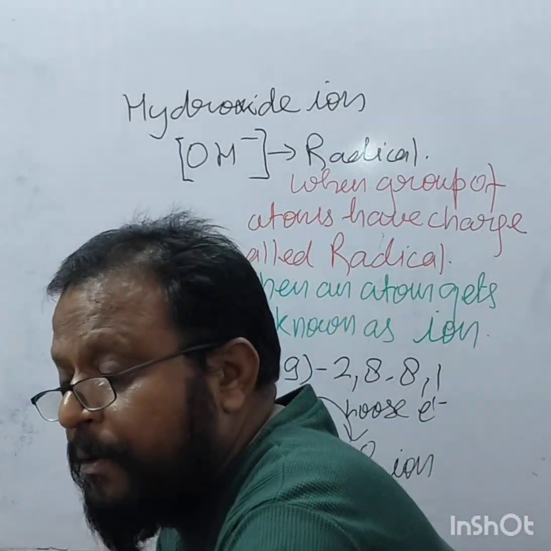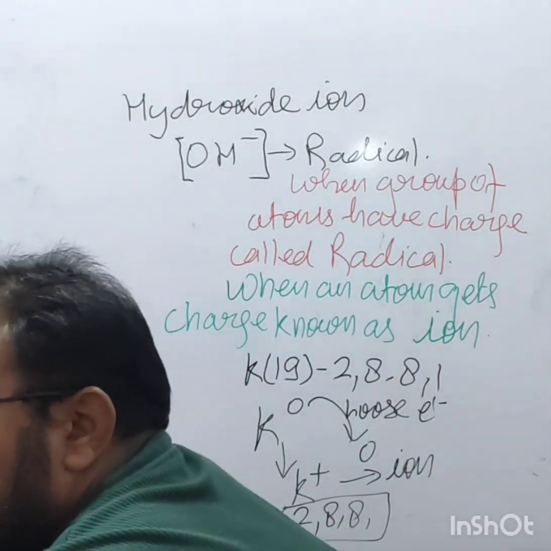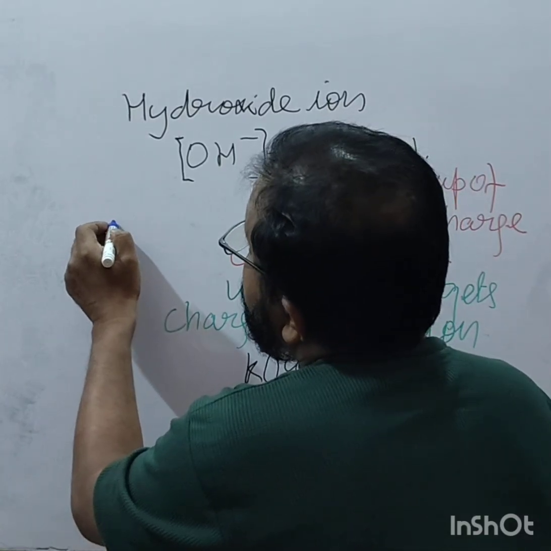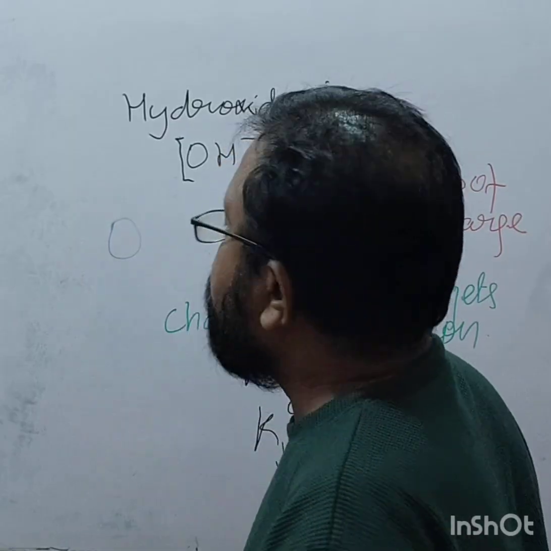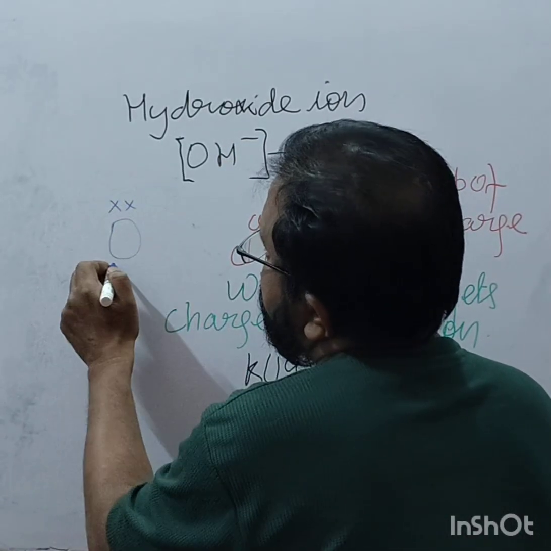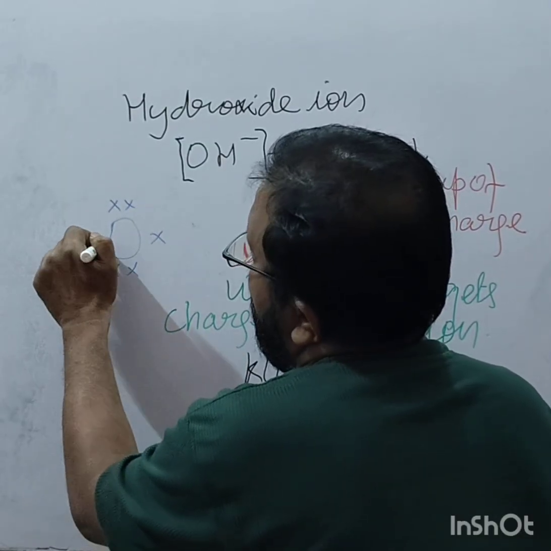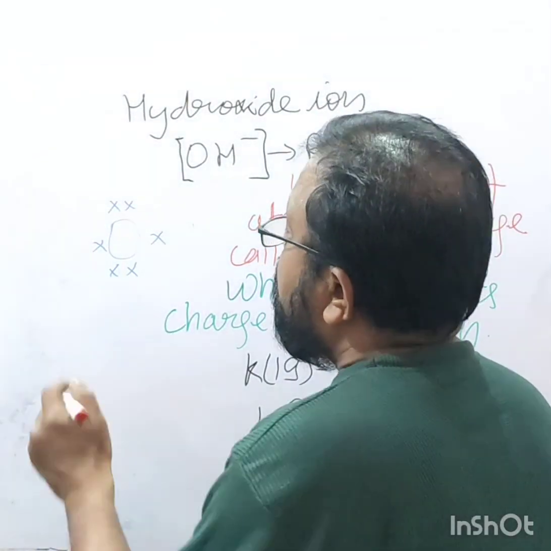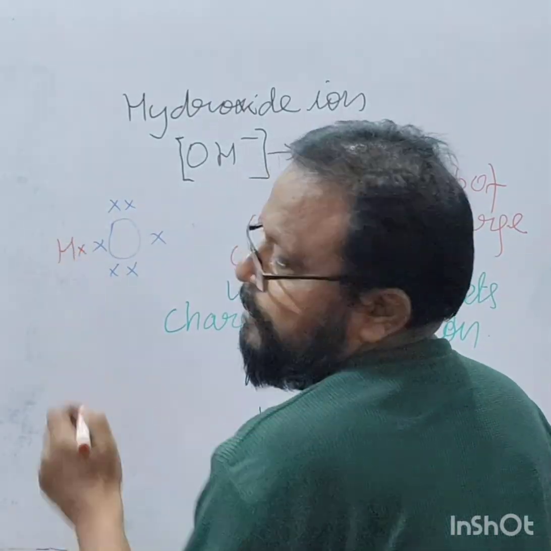So we have to talk about the OH ion, right? So in OH we have one oxygen atom. Oxygen atom has 6 electrons in its outermost shell, right? And hydrogen has 1 electron in its outermost shell.